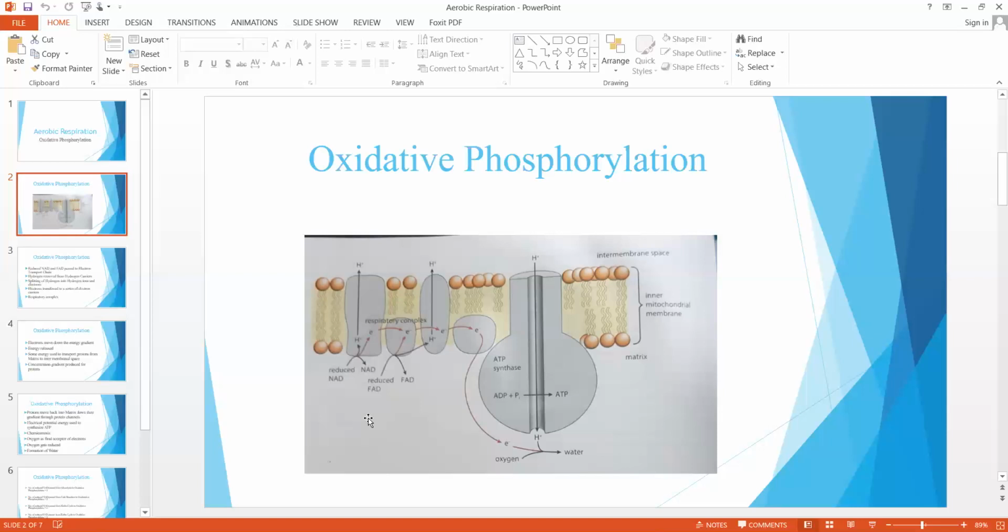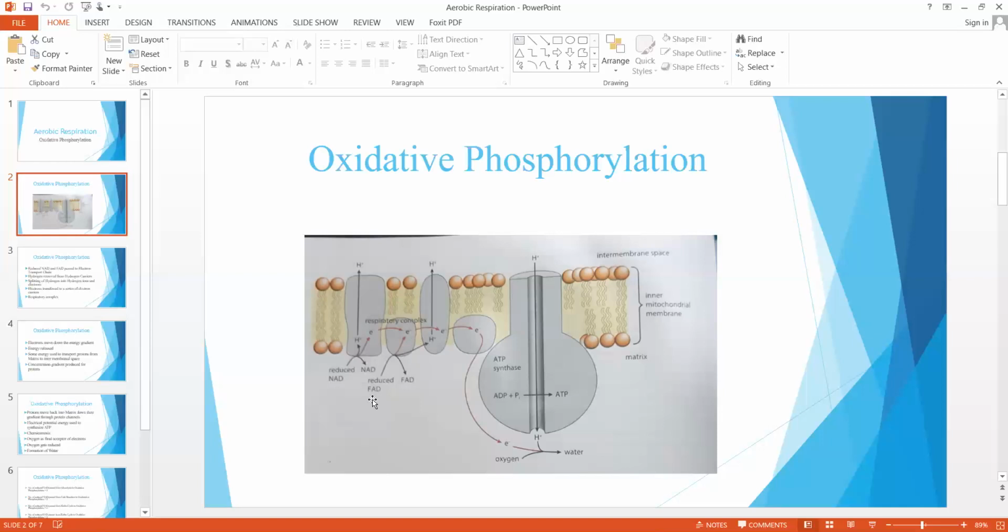So you can see that there are a number of proteins present in the phospholipid bilayer. You people have already studied those different types of proteins present in the phospholipid bilayer, or in the cell membrane of any organelle, or even of the cell.